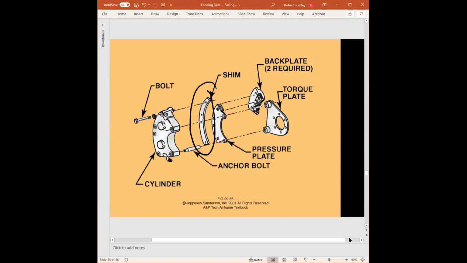What's interesting is that on some aircraft, if the brake disc is new, they don't talk about it very much here, but one of the things we also have to inspect is the brake disc and the thickness of the disc. And there will be limits to how thin the disc can be to be serviceable.